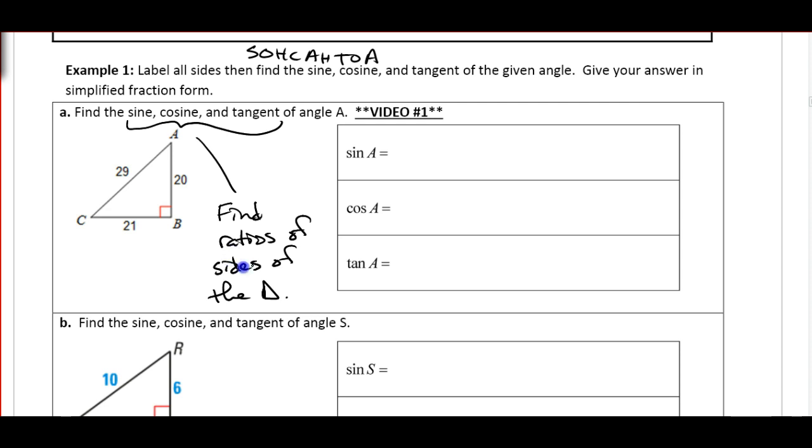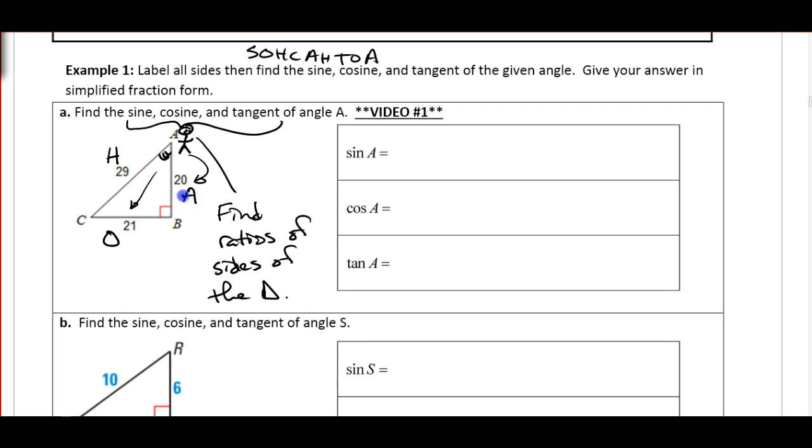So if I'm looking at angle A, then I'm going to be standing over here. My little stick figure guy is over here at angle A, which means that here's my hypotenuse. Clear across the triangle is my opposite side, and my adjacent side is the other one that I'm standing next to that's not the hypotenuse.